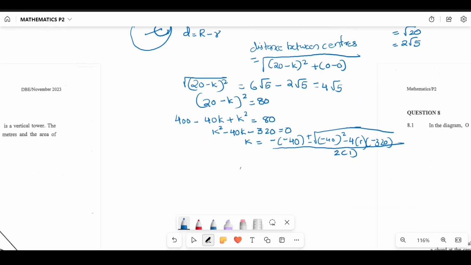We are going to get k = 20 − 4√5 or k = 20 + 4√5. So 20 minus that is 11.06, or k equal to 20 plus that is 28.94.